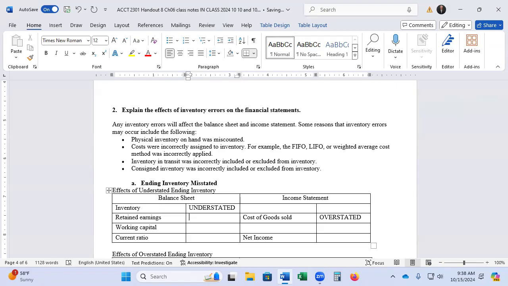Now we have an expense that's overstated, and if we remember the way that our accounting equation works, we have assets equal liabilities plus equity, and we remember that equity has kind of 4 parts. You have your paid in capital, which is like your stock and stuff like that.